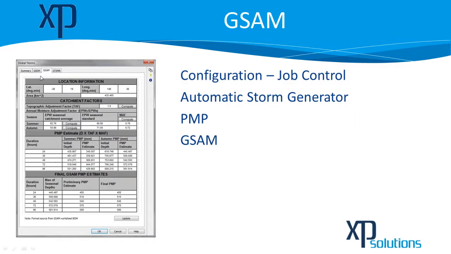The reason for this is in the PMP tab we've got some catchment adjustment factors here, and some of these can be automatically read when you have those grids.